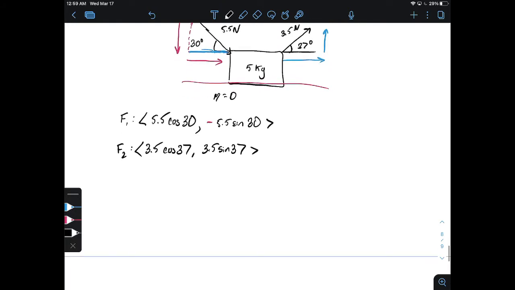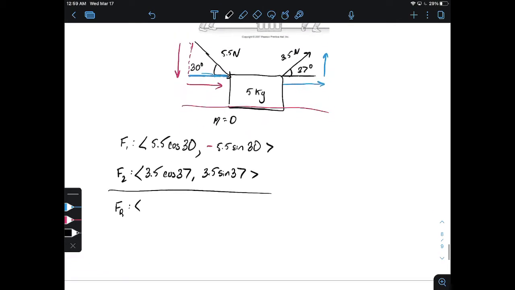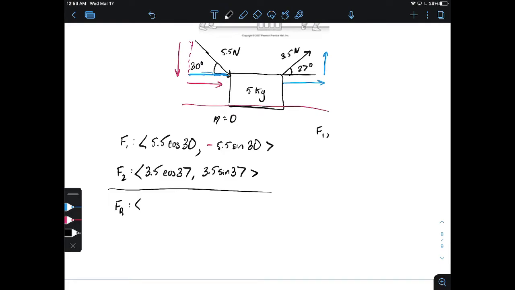Now we're going to add those up and have our resultant force. But before we do that, I'm going to show an alternate way to think about it. It's the same concepts though. We can have our force 1 along the x, F1x, and that's going to be equal to our magnitude times the cosine of our theta. That's actually the same thing we wrote over there. This is an alternative way to piece it together.